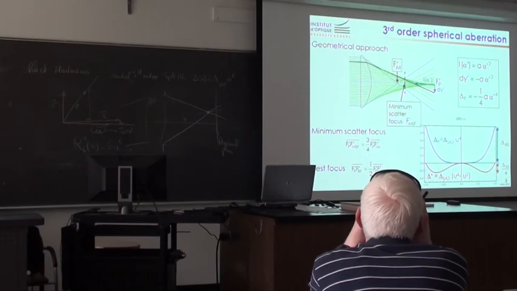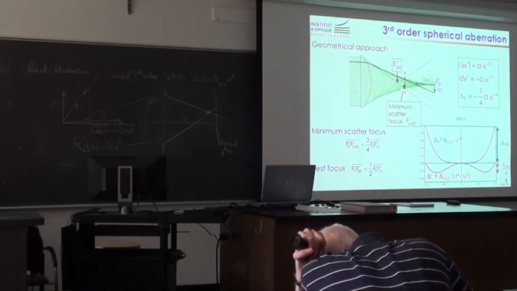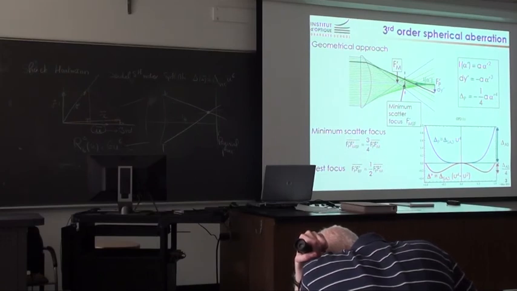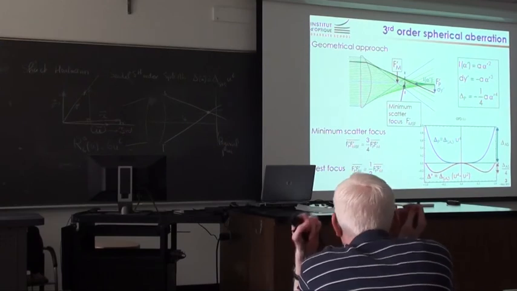What you should remember about spherical aberration is this picture. You see that rays are tangential to the surface where there is a particular accumulation of light. It's called a caustic.